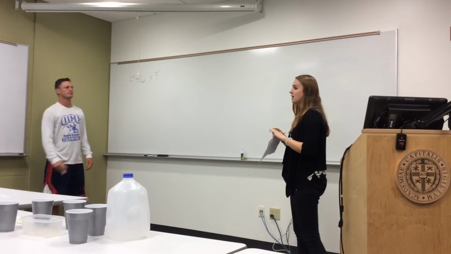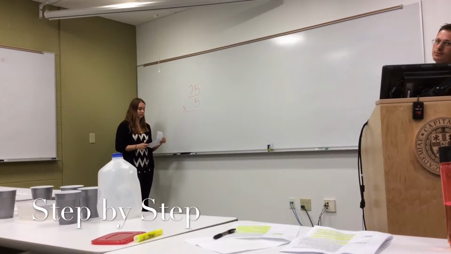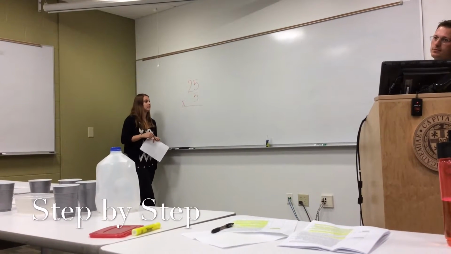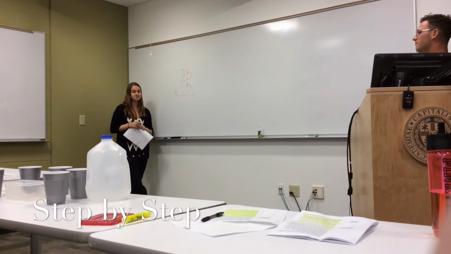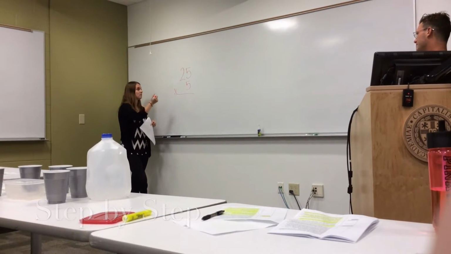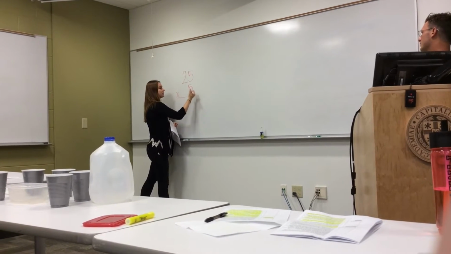So how do we set that up? Each time she uses the washing machine, it is 25 gallons of water. We're going to set up our multiplication problem as 25, and under the 5, we're going to write the 5 times.